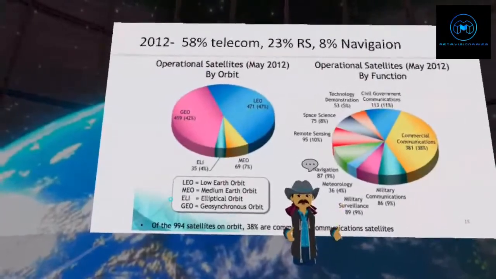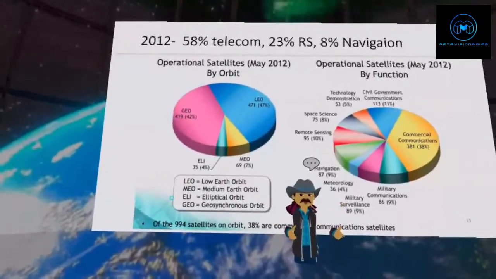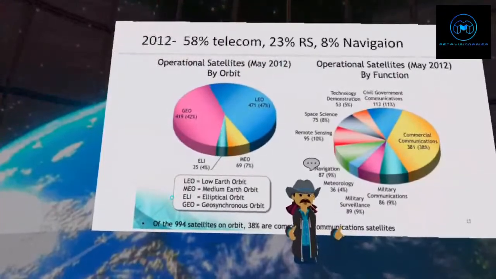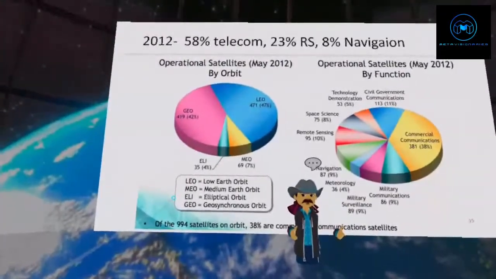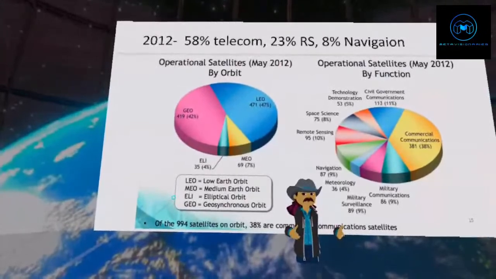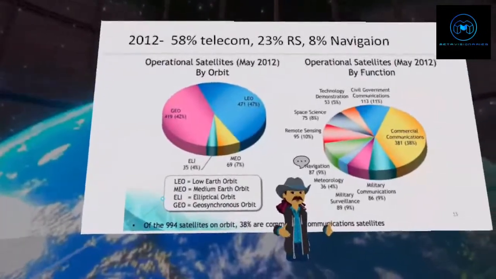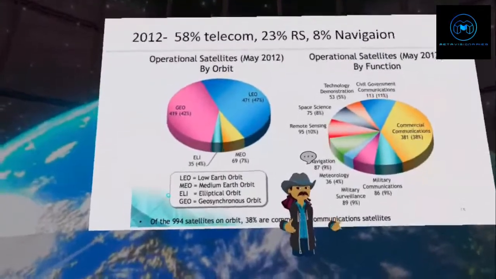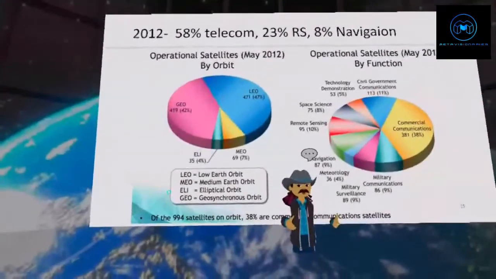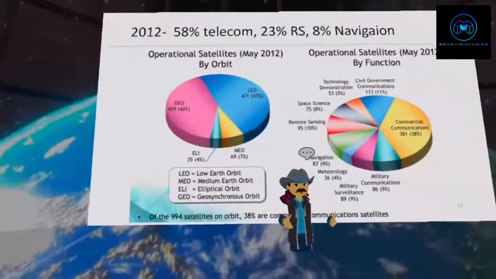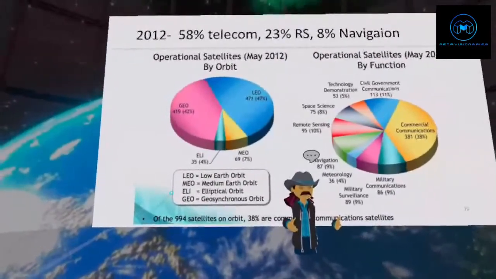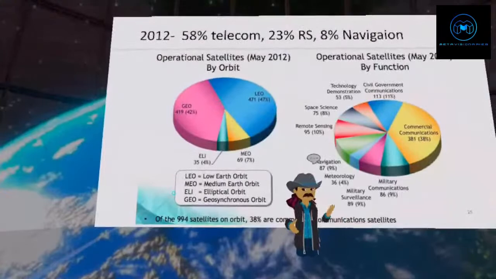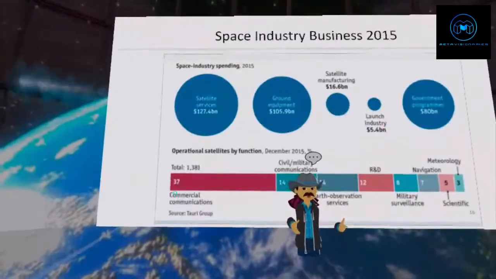Space science was relatively small, less than 10%, remote sensing about 10%, navigation about 10%. You can see here the orbital breakdown on the left, about half of them in LEO, a little bit less than that in GEO, and those MEO navigation and the highly elliptical orbits that Jim presented to you before.